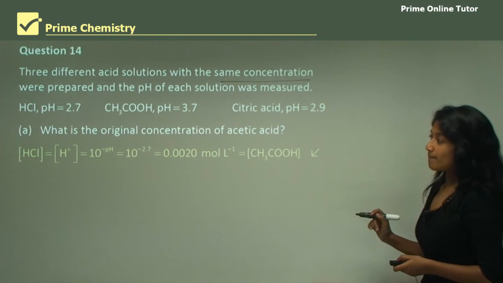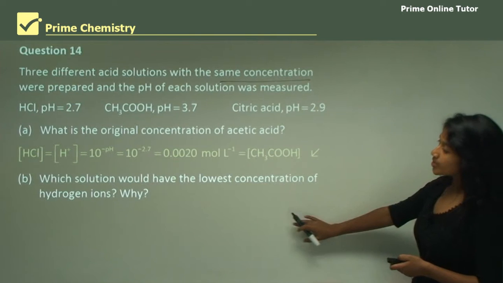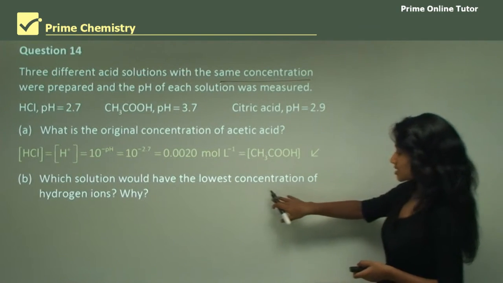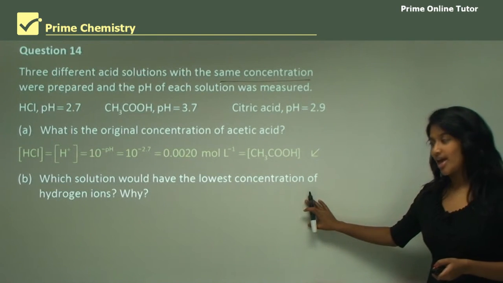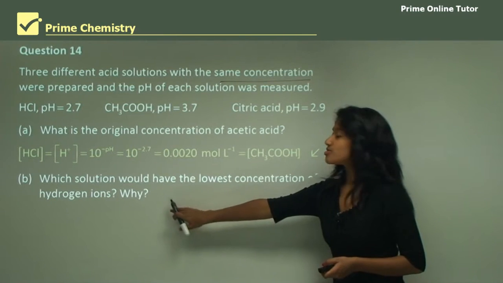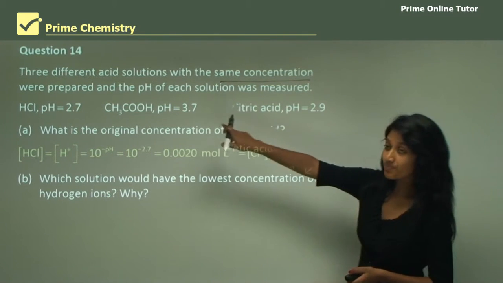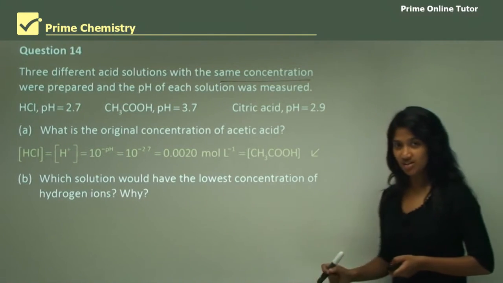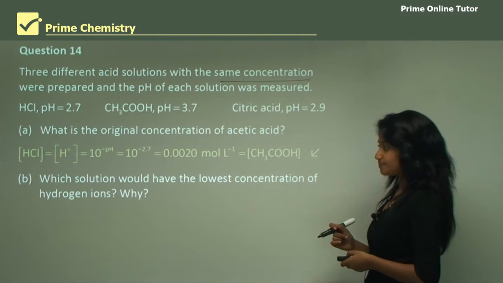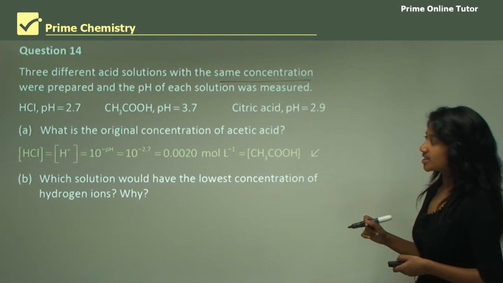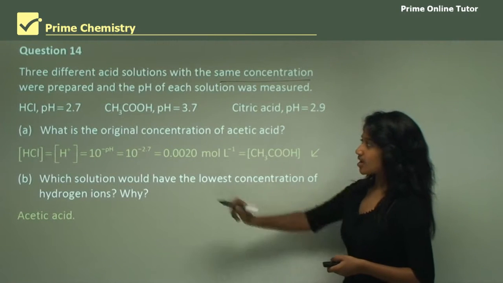Now moving to part B. Part B asks which solution would have the lowest concentration of hydrogen ions, and also asks why. So you would have to first identify it and then provide an explanation for why you chose that answer. The answer is acetic acid. Why?